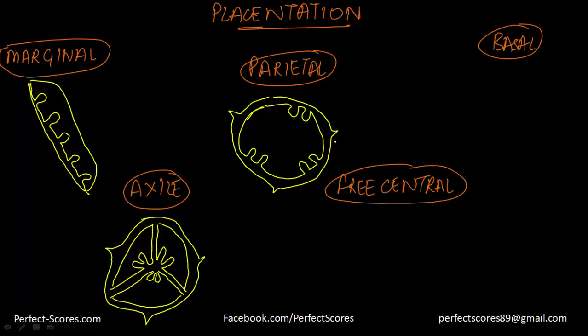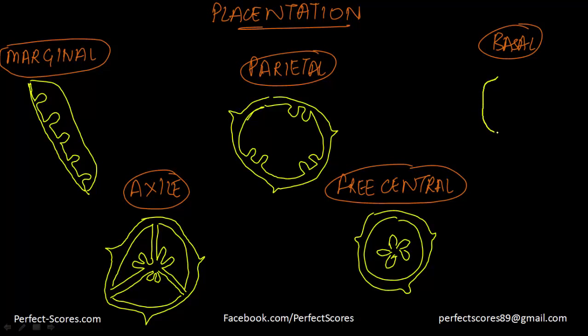In case of free central, for example, in the case of a lemon, they're all at the center. Or apples or oranges. And this is the outside part. And the last one, which is called basal, it is located like this.